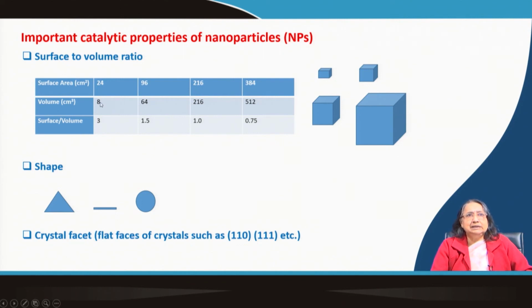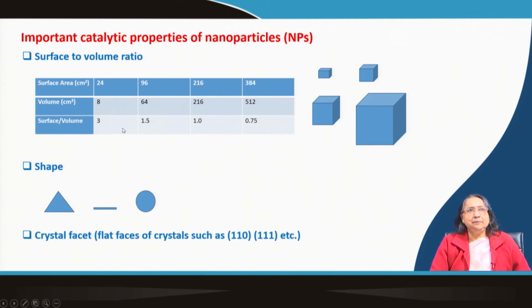Say, for example, this is 2 cubed, then 4, then 6, then 8. Then how the surface area, you can calculate easily, as there are 6 surfaces. Then volume is this one, surface area is this one. So, what is the surface to volume ratio?